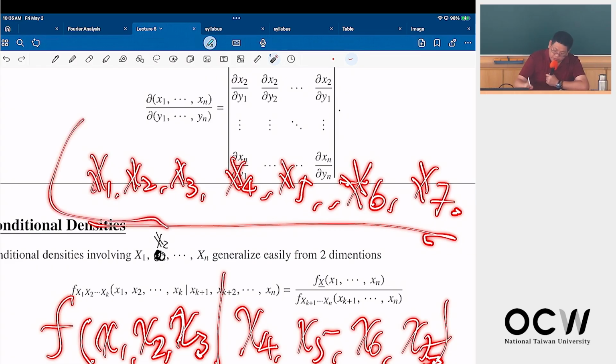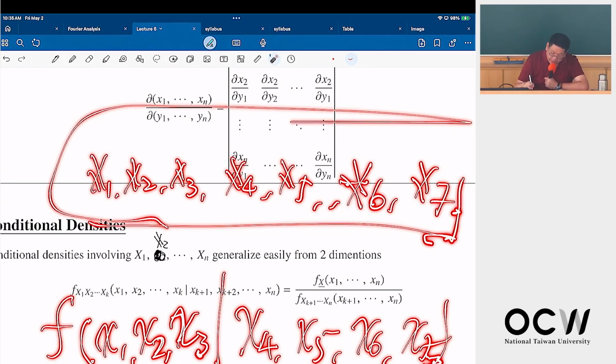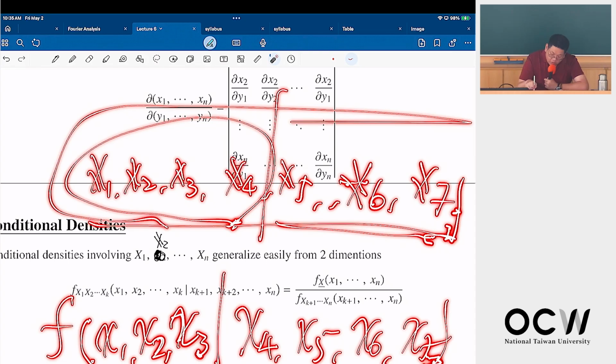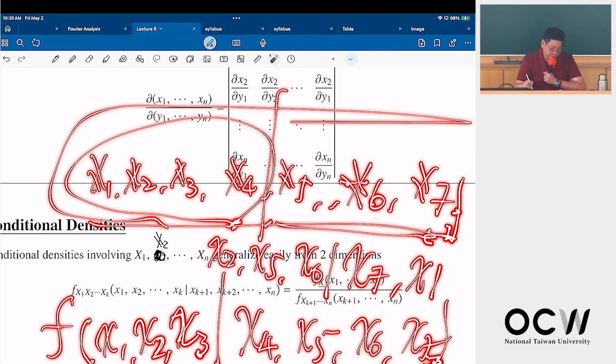Okay, in total I have n random variables, and maybe the first k random variables conditioned on the rest, or I can even randomly pick, like x2, x5, x6 conditioned on x7, x1.